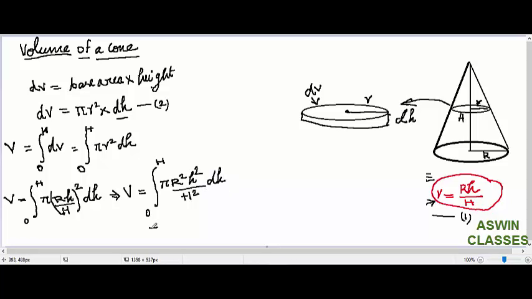Now see, this pi R square and H square are constants, which are the radius and height of the cone. It won't change, so you can take it outside the integral sign. So pi R square by H square integral 0 to h of h square dh.